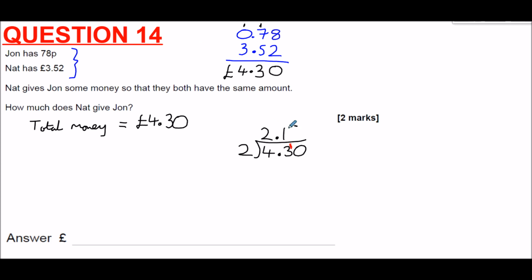Answer, 5 exactly. So that tells us that they each would have £4.30 divided by 2, which I've just worked out to the other side. They'd each have £2.15.